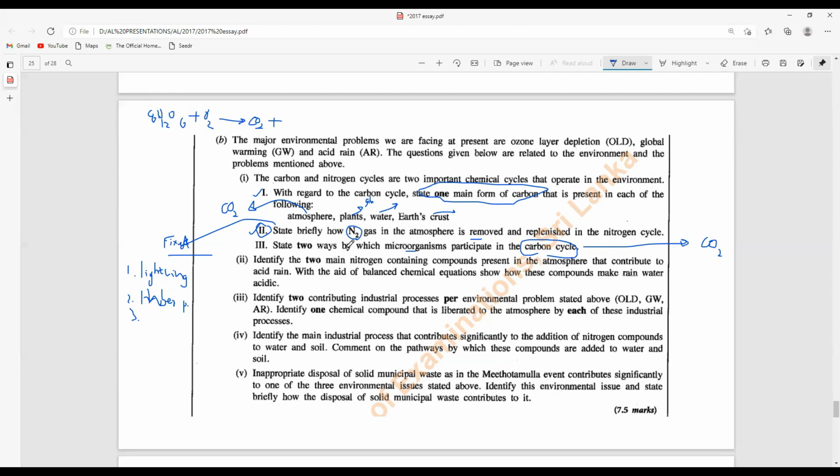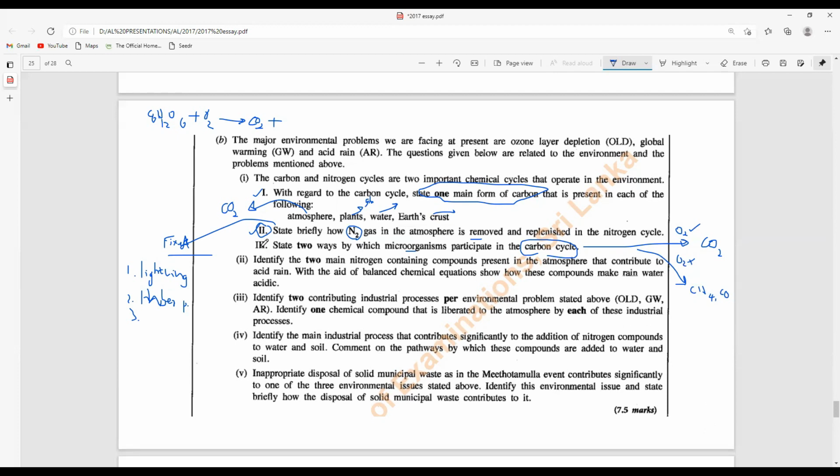That is one way. The other way is in the absence of oxygen. So this pathway is oxygen present, and this pathway is oxygen absent. In the absence of oxygen, this is mainly converted to methane or, in some cases, carbon monoxide. So these are the two main ways, right? Under aerobic or anaerobic condition. Aerobic condition to CO2, anaerobic condition to CH4 and CO, right?